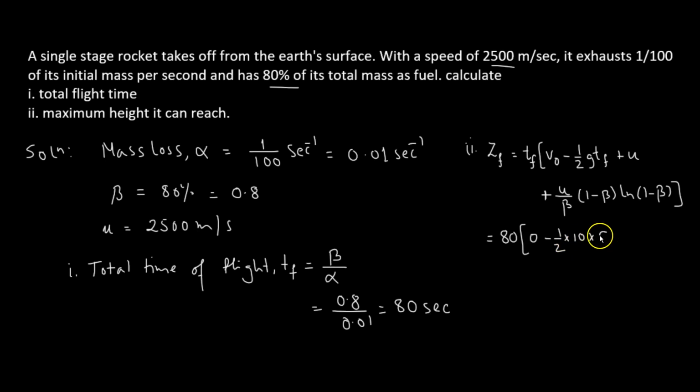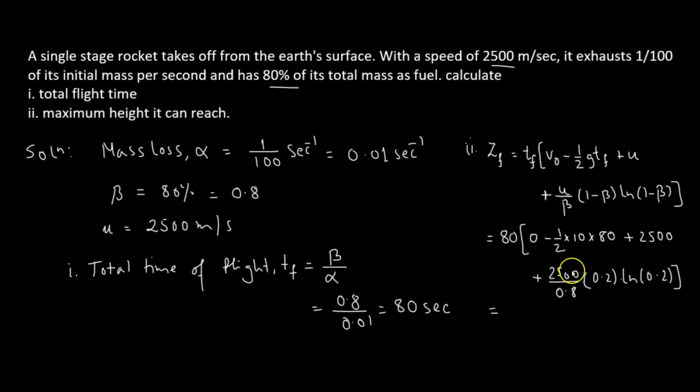So the time of flight is 80, plus U is given as 2500, so that's 2500 over beta. Our beta is 0.8 multiplied by 1 minus beta, so that's 0.2 times natural log of 0.2.